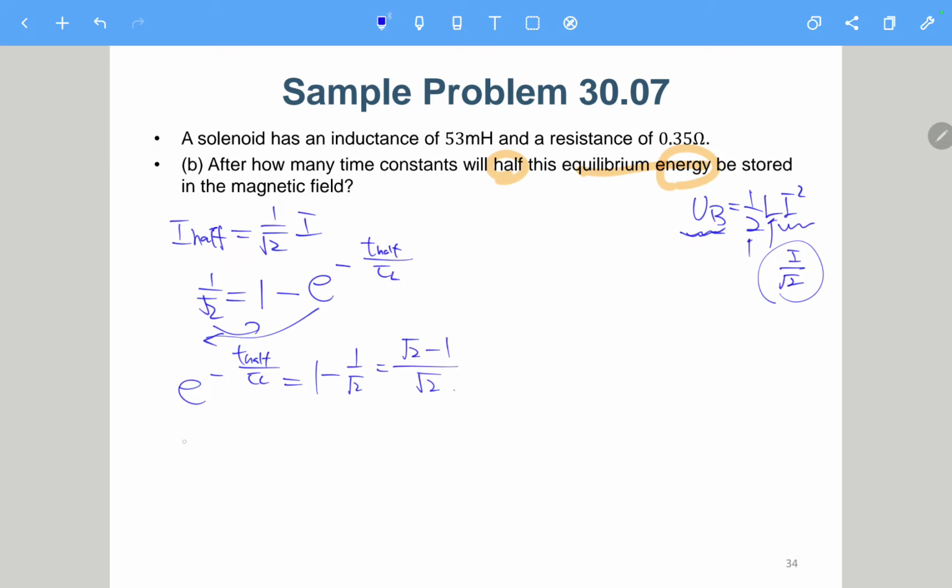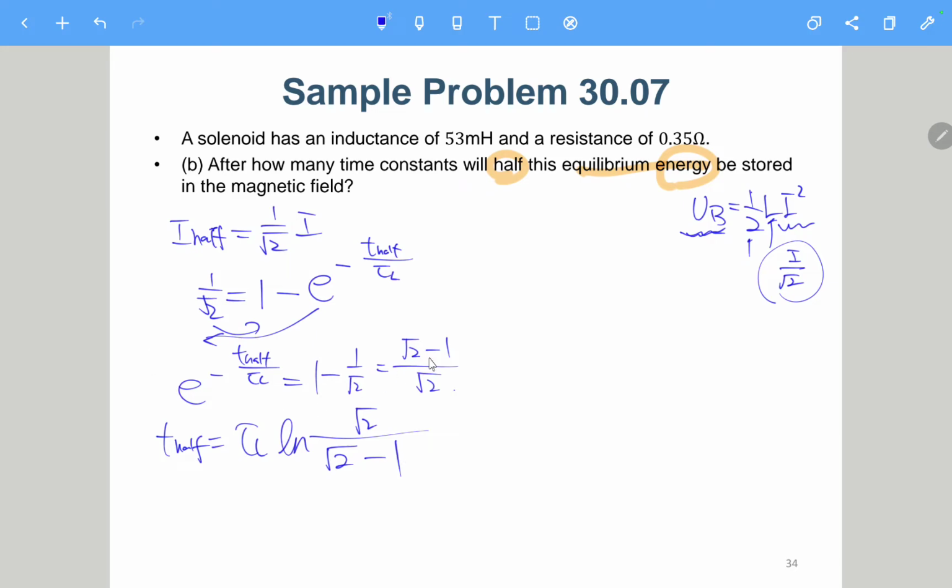And then we can have T half as tau L times natural log of square root of 2 over square root of 2 minus 1. Okay, I just jumped over a step. If we take the reciprocal of the left side, the exponent becomes positive, and then we take the reciprocal of the right side, so it becomes square root of 2 over square root of 2 minus 1.